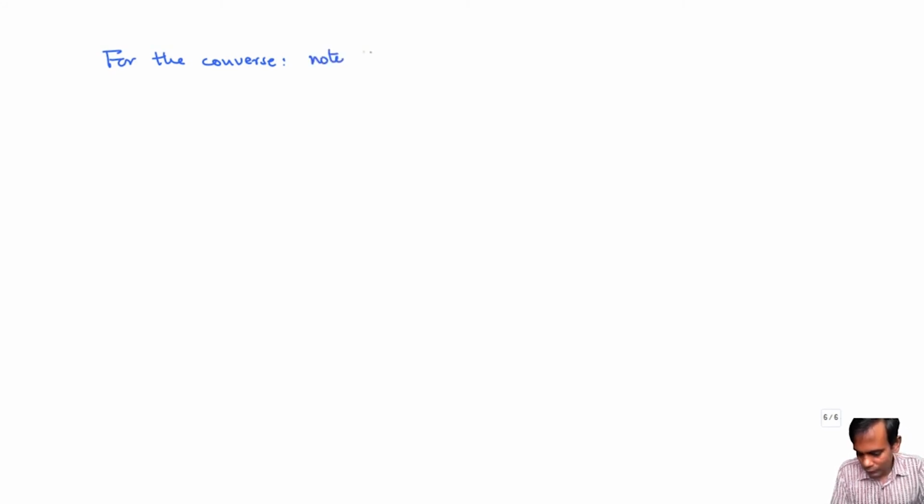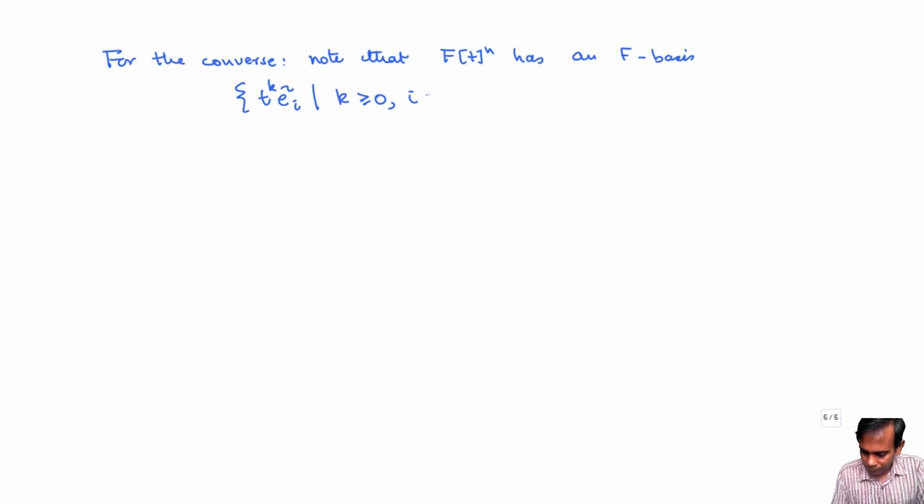So let's note that F[t]^n has an F basis as an F vector space. F[t] itself is an infinite dimensional vector space over F, and F[t]^n is therefore also an infinite dimensional vector space, but it has basis t^k times e_i tilde, where k runs over all non-negative integers and i goes from 1 to n.